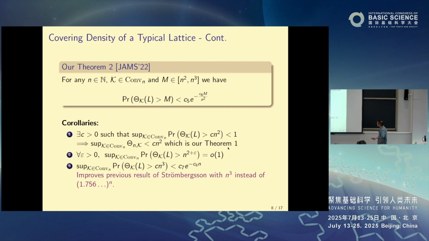Second, for any epsilon greater than 0 and any convex set, the probability that the covering density is more than n to the 2 plus epsilon is vanishing with n. And if you're not happy with vanishing error probability, but you actually want exponentially small error probability, if you take Cn cubed here, you get that the probability that covering density exceeds this is exponentially small. So this improves the result of Strömbergsson with n cubed instead of 1.756 to the n.